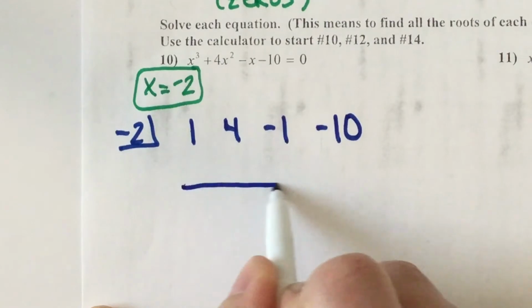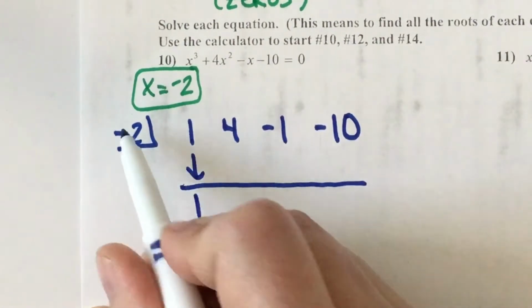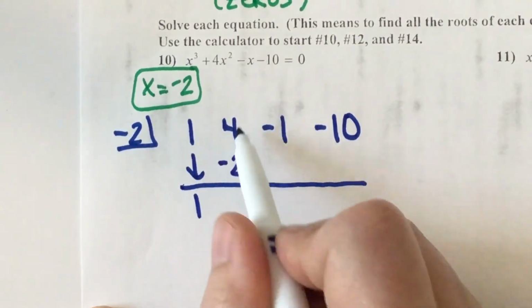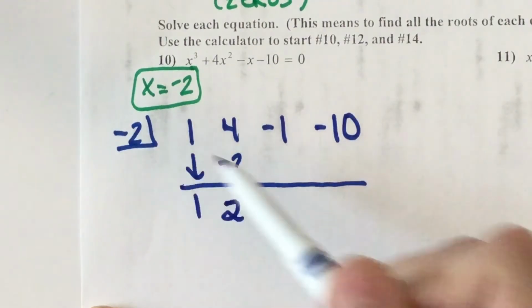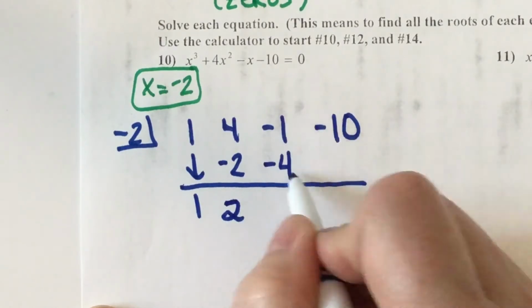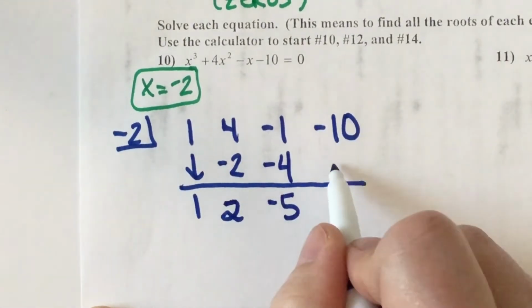So no zeros necessary. So bring down the first number. Multiply. -2 times 1 is -2. Add. 4 plus -2 is 2. -2 times 2, -4. Add. -1 plus -4 is -5. Multiply, and I get 10.